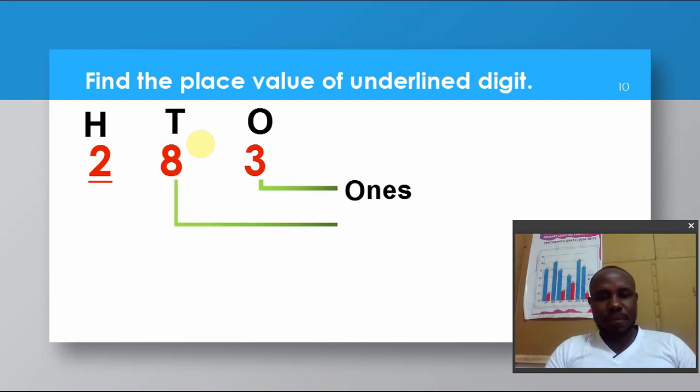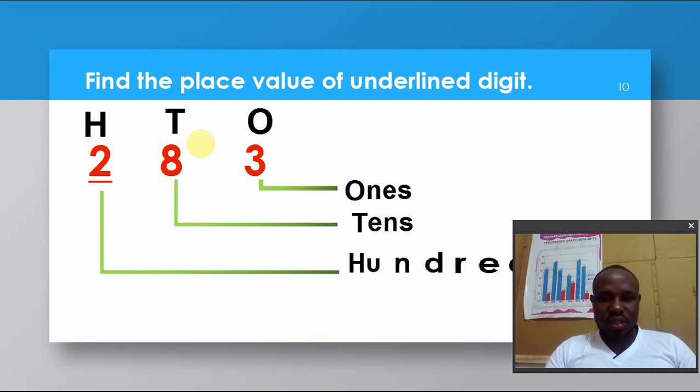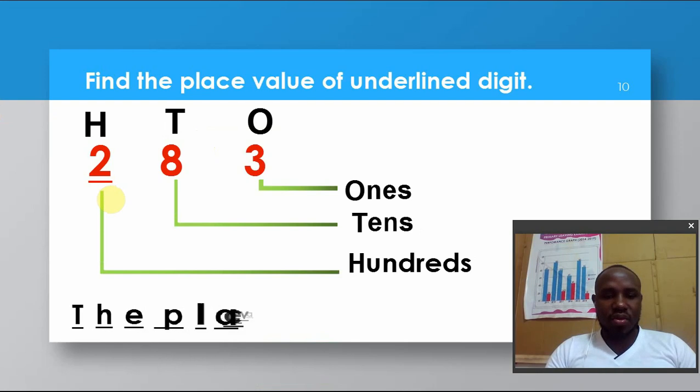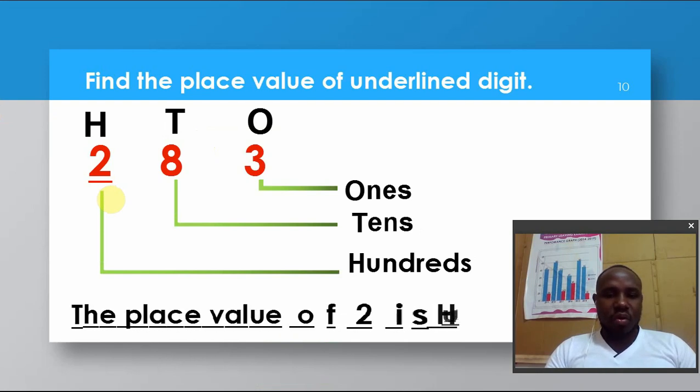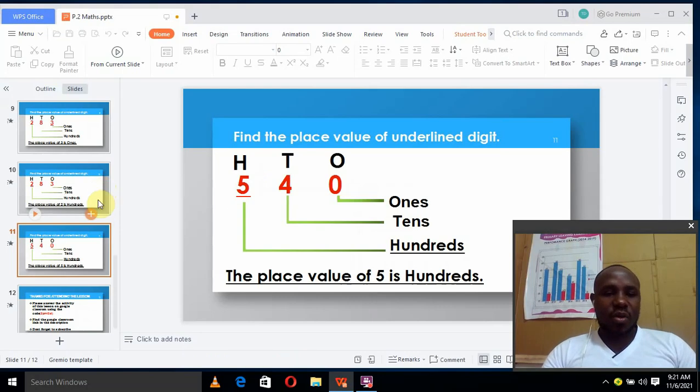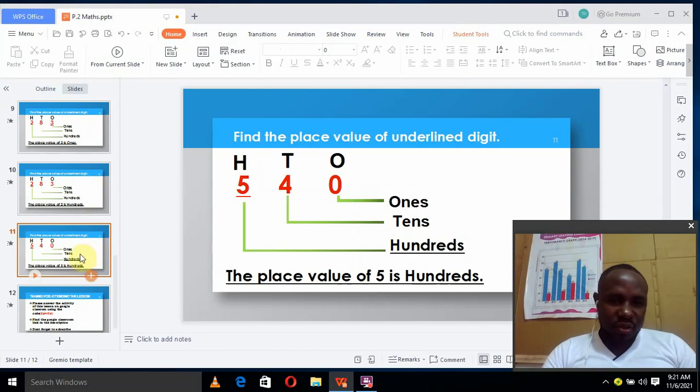The second one is tens. Good. And the last one is hundreds. Then we can conclude and say we want the underlined digit, which is 2 in this case. Therefore, the place value of 2 is hundreds.